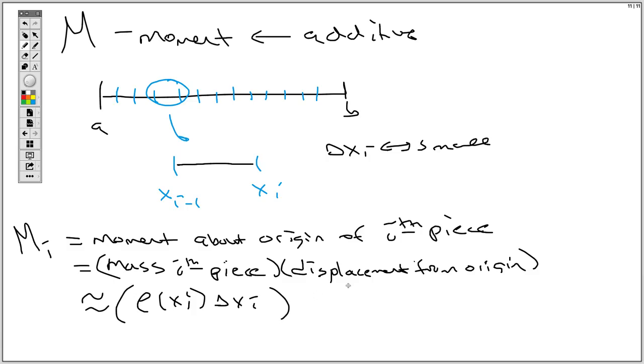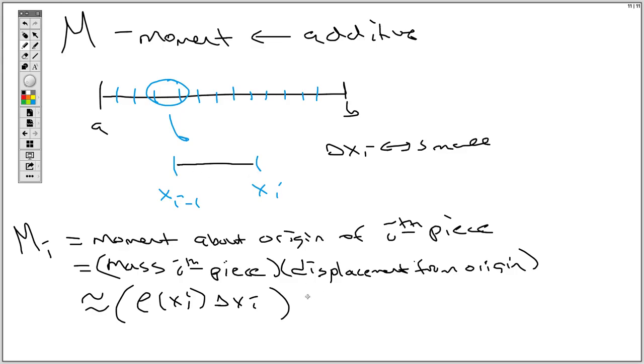And now we're also going to approximate the displacement. How far away is this piece from the origin? Well, if it's really, really small, then you could pick the left endpoint, the right endpoint, some point in between, because if the delta x sub i is really small, all of these points are more or less the same.